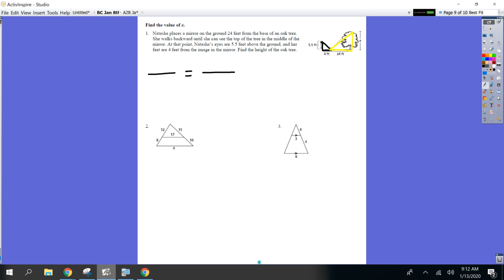Take any side first. 4 over... Is that, yep, equal to, yep, her height versus the oak tree height. Yep. Let you guys figure out how tall that big oak is.